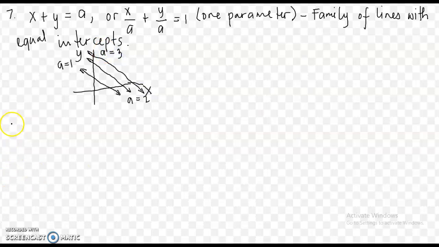Now for number 8, we have y is equal to ax plus a. This one is under the 1 parameter.